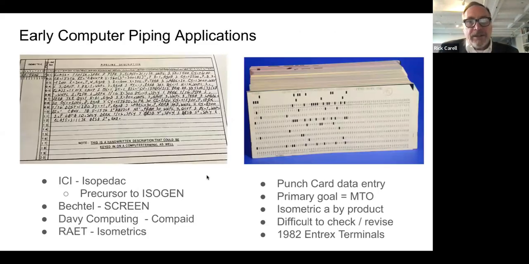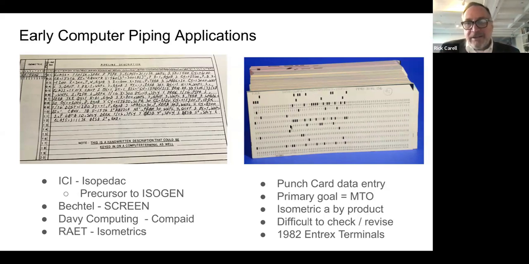And you can see here, ICI, Imperial Chemical Industries, they were one of the leaders. They had a product called IsoPEDAC, and that was the precursor to the product called Isogen, which is still being used today, I'm assuming. And basically, you had this coding language where you would type flange, gasket, 2 meters, blah, blah, blah.